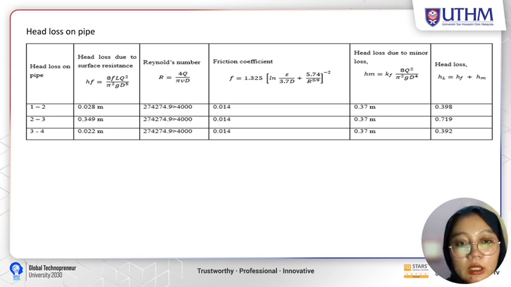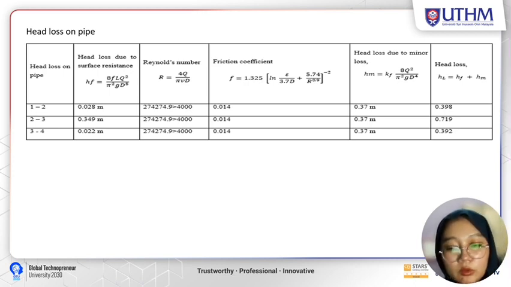For the head loss due to surface resistance, for pipe 1 to 2 we have 0.028 meter, for 2 to 3 we have 0.349 meter, and for pipe 3 to 4 we have 0.022 meter.